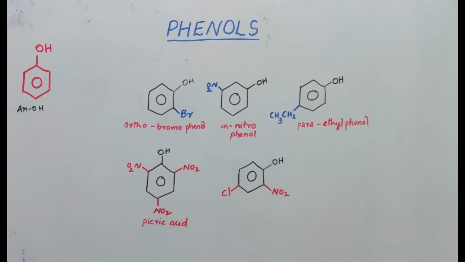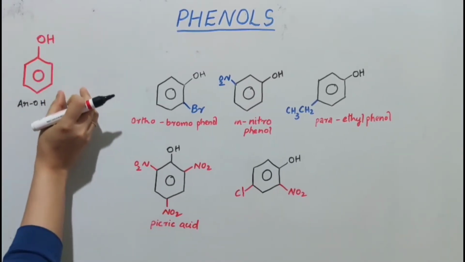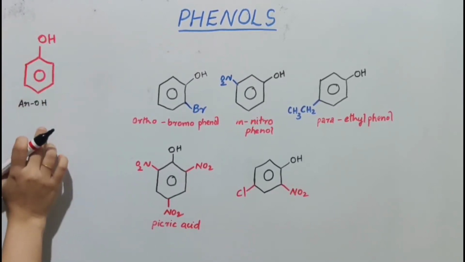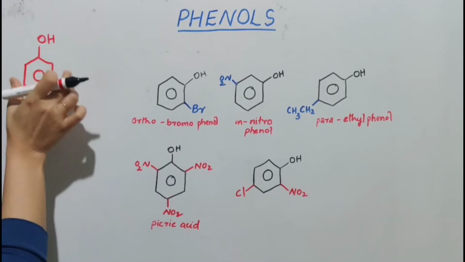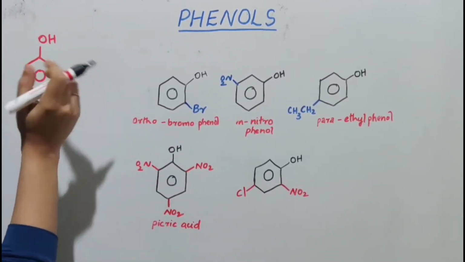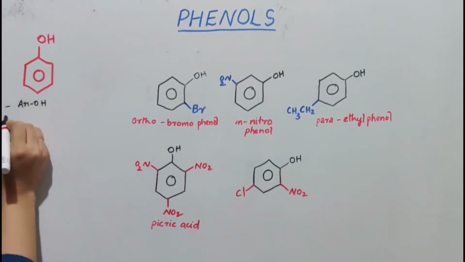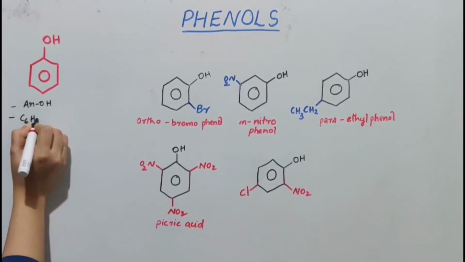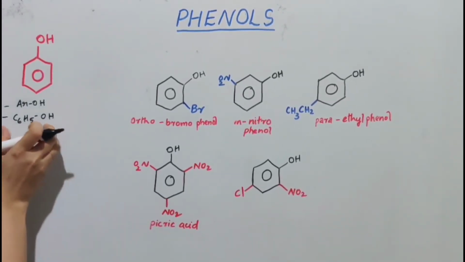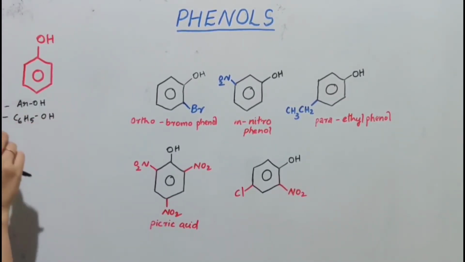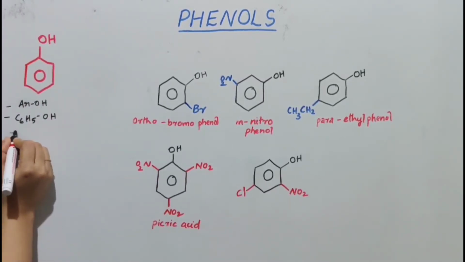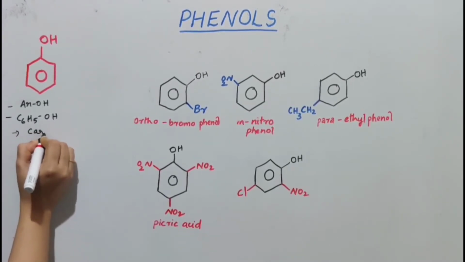The simplest hydroxy derivative of benzene is hydroxybenzene. That is called phenol. It is C6H5OH, also commonly called carbolic acid.